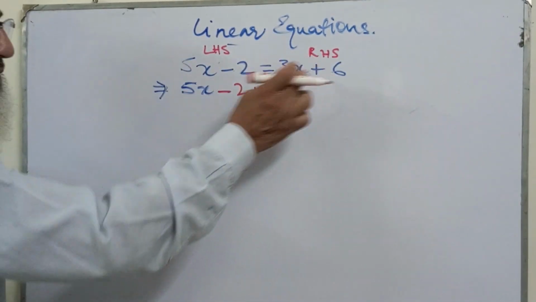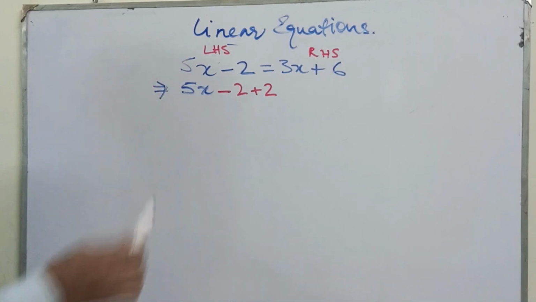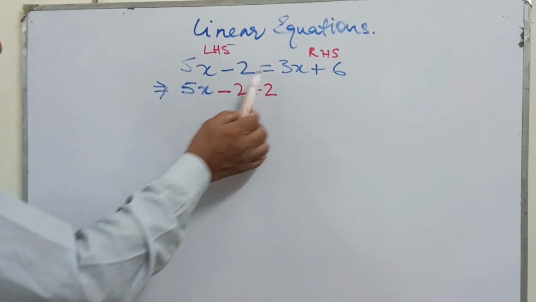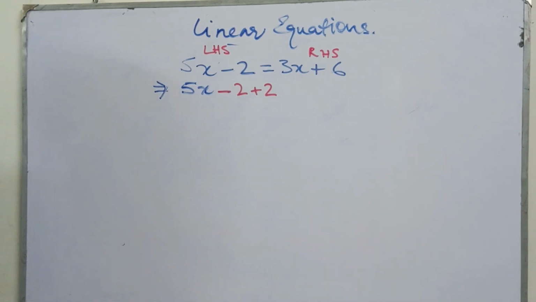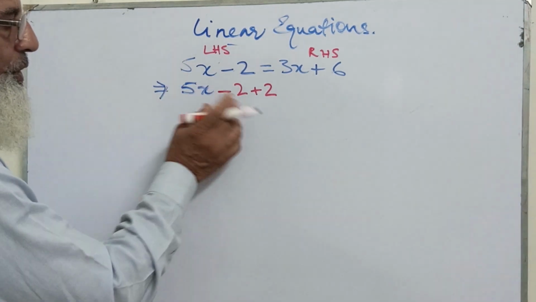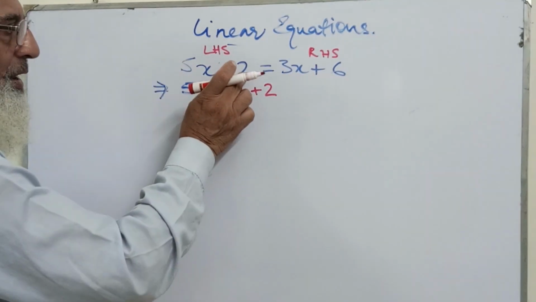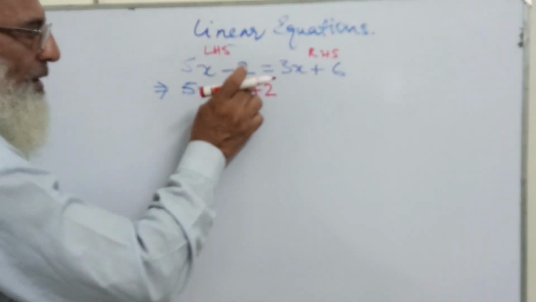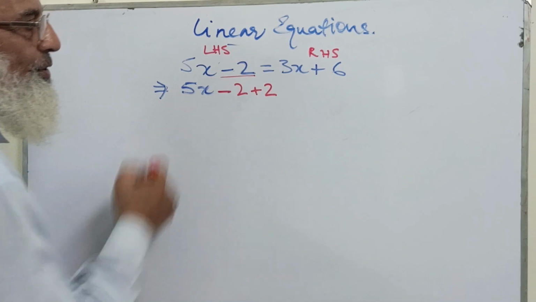This linear equation has three parts: the left hand side, the right hand side, and the sign of equality. I have added an equal amount of this minus 2.